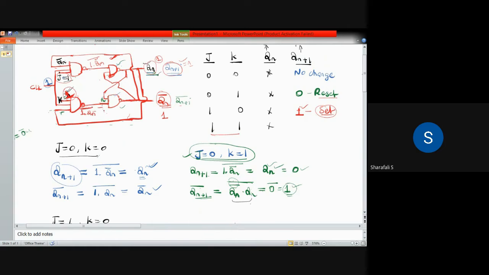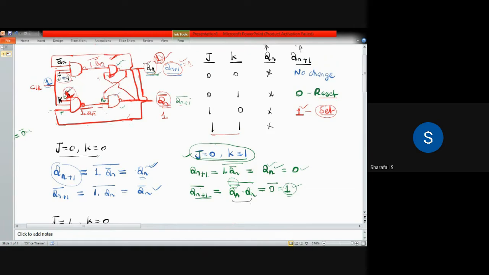So Qn bar dot Qn will come here. So you will be getting Qn here. If you consider this one, we have the result of 1 dot Qn bar, which is coming in this line.